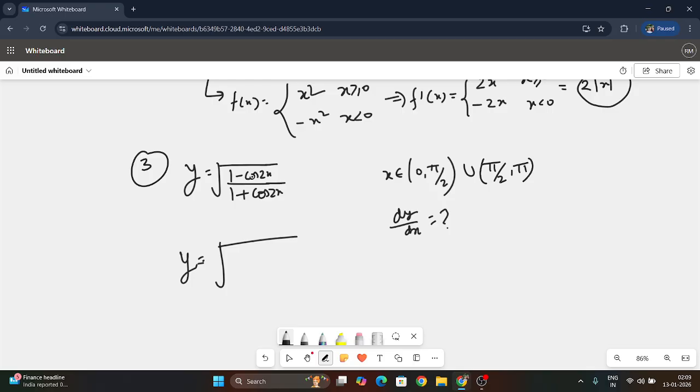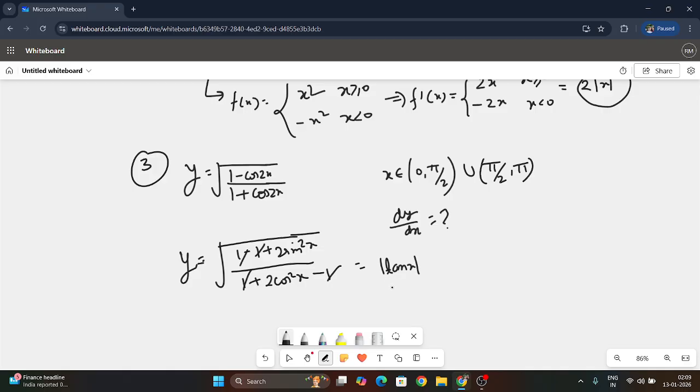So for 1 minus cos 2x, here you have to apply the formula 1 minus (1 minus 2 sin square x), divided by 1 plus (2 cos square x minus 1). So these get cancelled, and you will get mod of tan x.